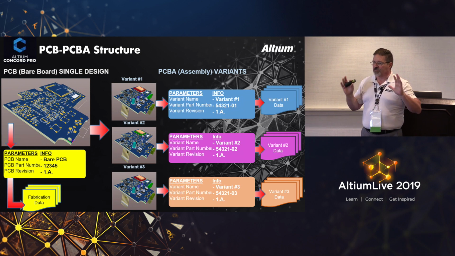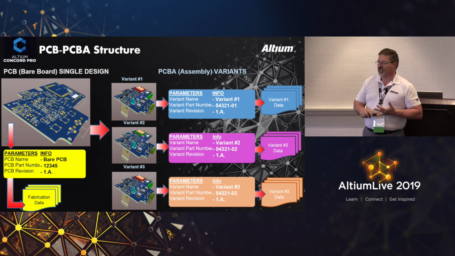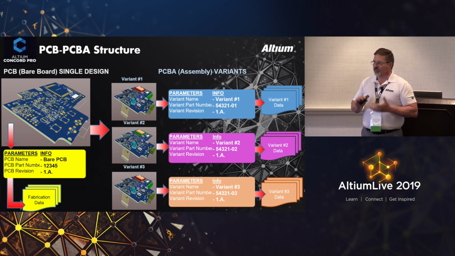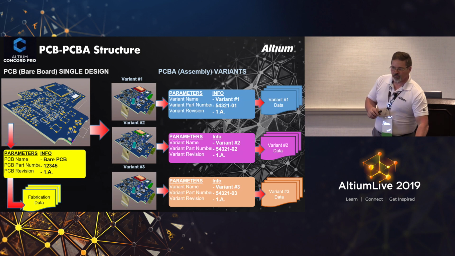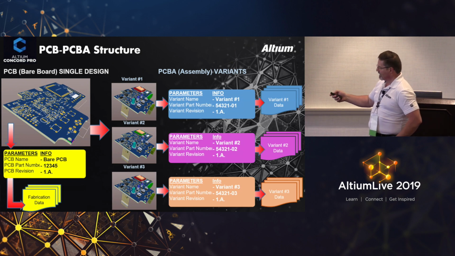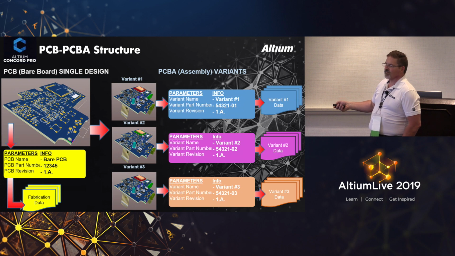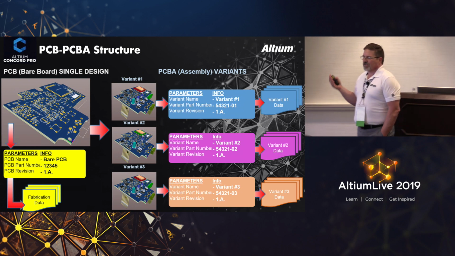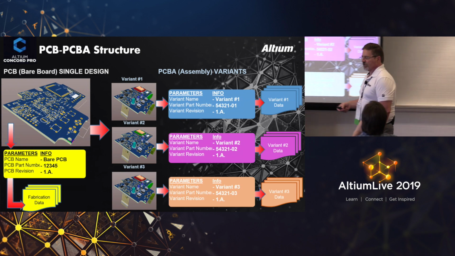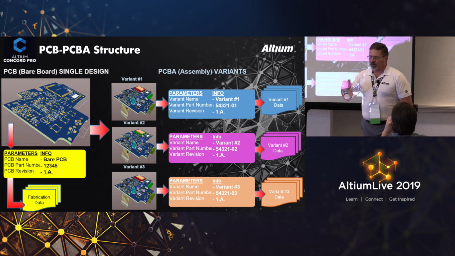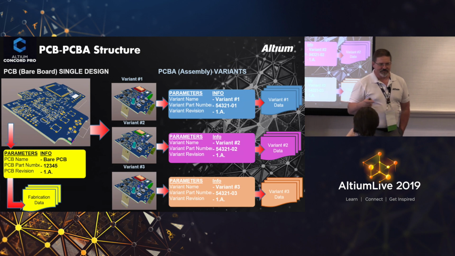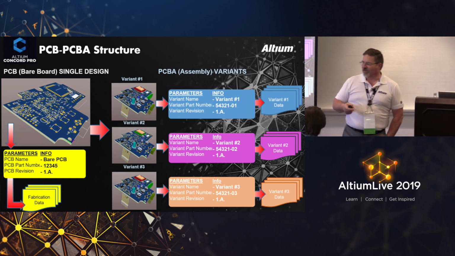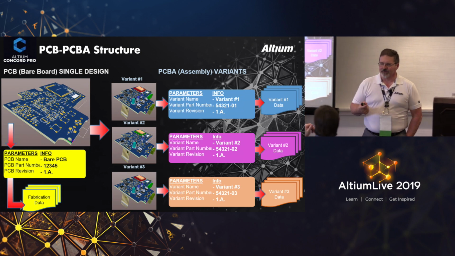So that would be documents, minor changes, things that may be cosmetic, anything that doesn't require new Gerbers. As soon as we need new Gerbers done, then the major 1 bumps up to a 2. Okay? That's just the rules that we have set for ourselves. So I hope what you've noticed throughout the day is that there are some rules that you need to set up to operate here. Okay?